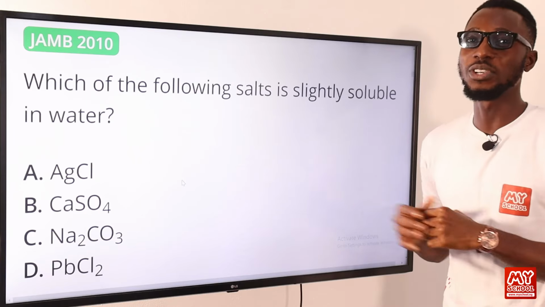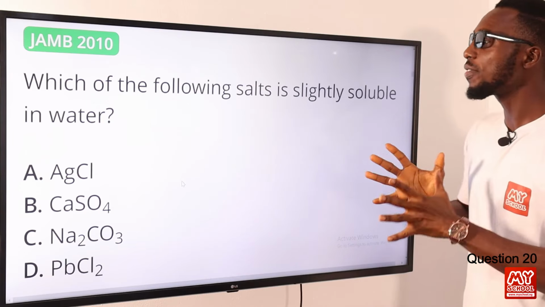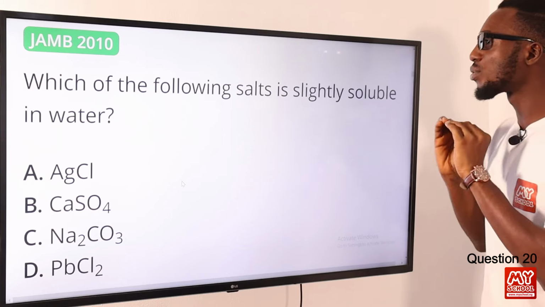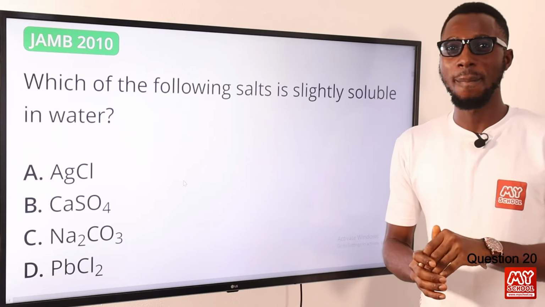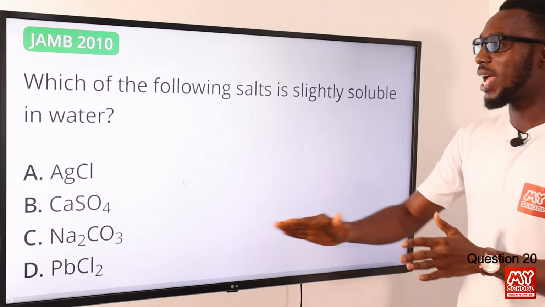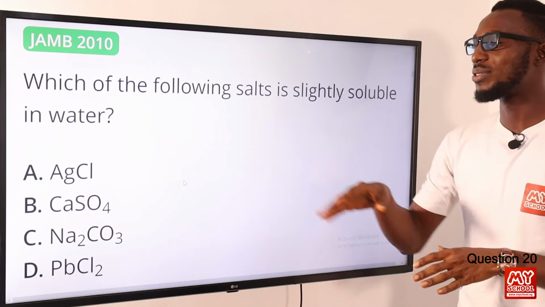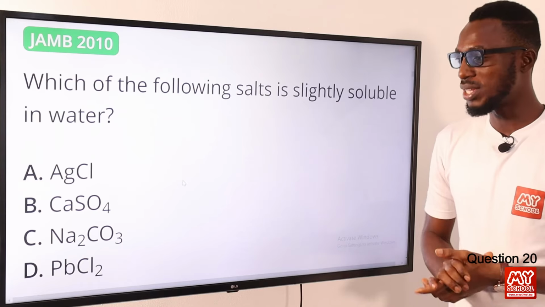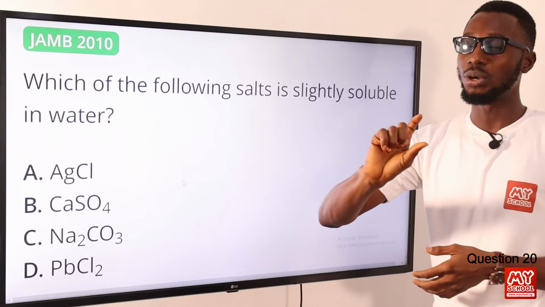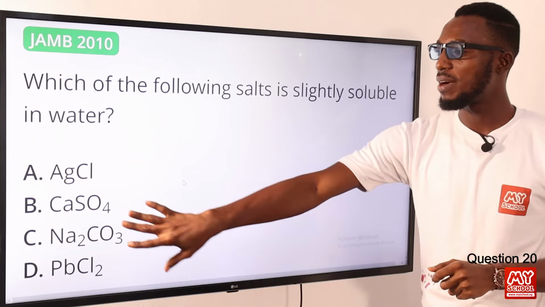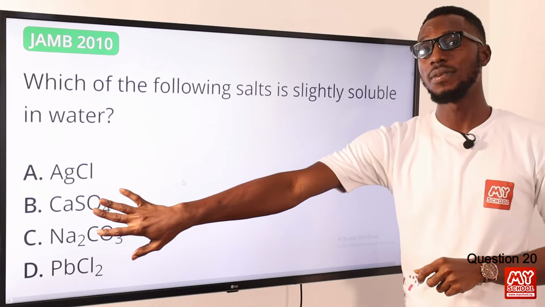So join me as we solve question 20. Which of the following salts is slightly soluble in water? If we look at silver chloride and lead chloride, these are actually insoluble in water, though lead chloride is soluble in hot water. Then we have this calcium tetrasulfate salt.